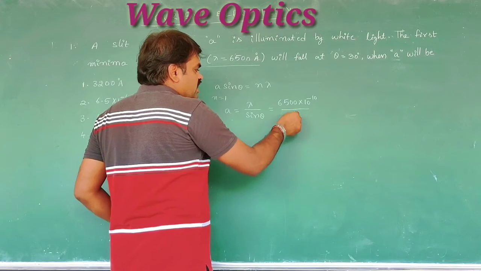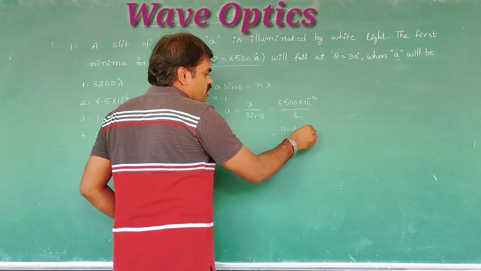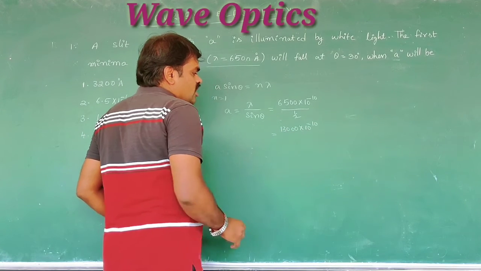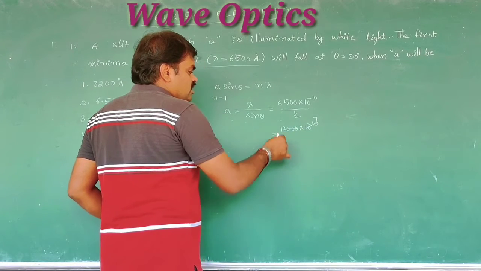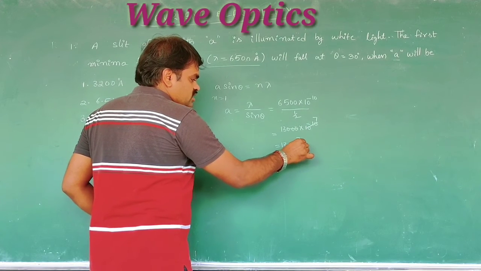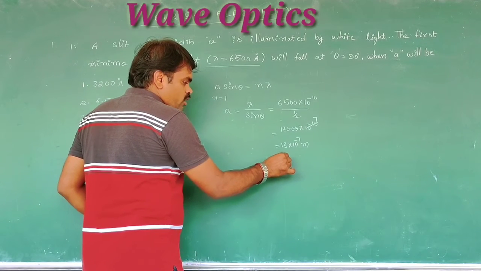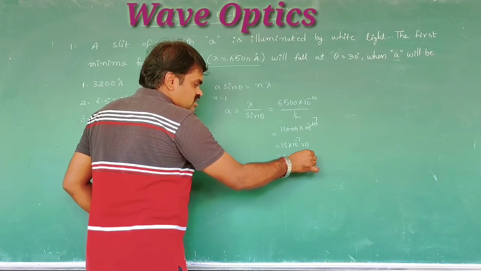Multiplying, we get 130 and 2 zeros, 10 to the power of minus 10. Now 3 zeros cancel, that is 13 into 10 to the power of minus 7 meters. That is 1.3 into 10 to the power of minus 6 meters.